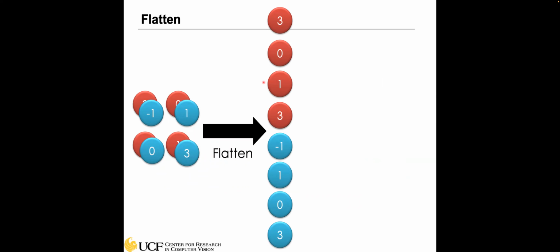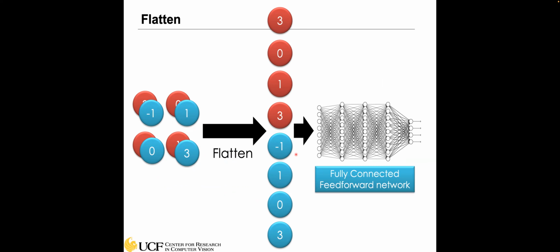When you collapse these feature maps into one large vector, you end up with a flattened layer, one vector with 1 by 8 dimension. So basically you just vectorize these feature maps into a giant vector, and then you can connect it with a couple of fully connected layers.